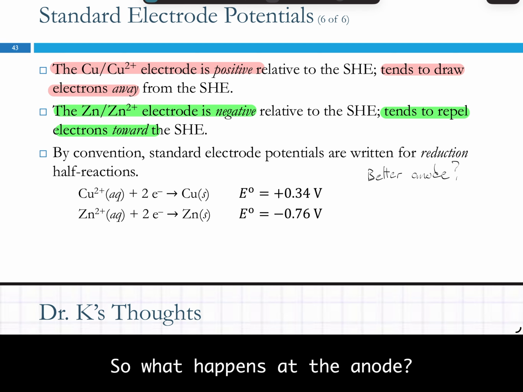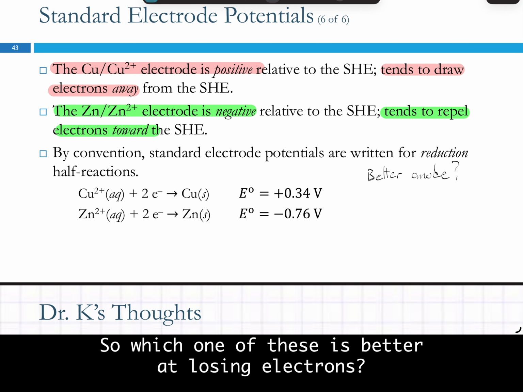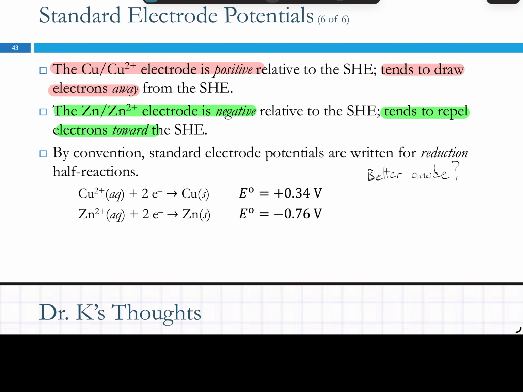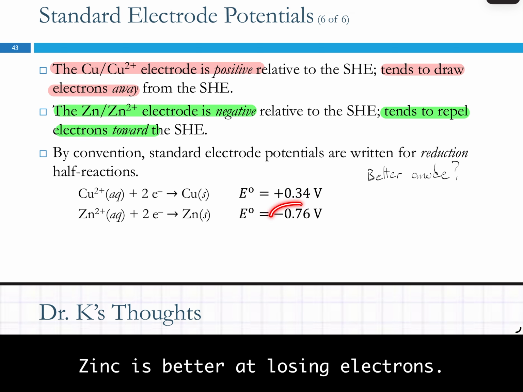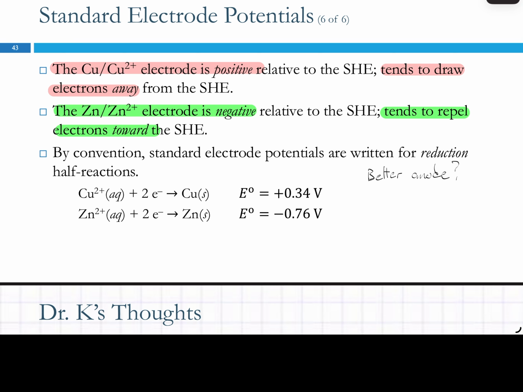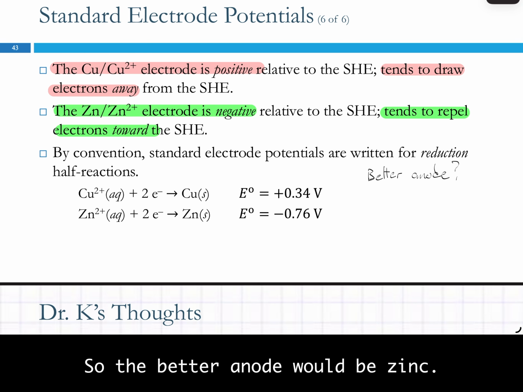So what happens at the anode? Electrons are lost there. So which one of these is better at losing electrons? You can use the sign of the voltage to figure out if it's better at losing electrons or better at gaining electrons. So zinc here is more negative. Zinc is better at losing electrons. You can think of those electrons being repelled from the negative. So the better anode would be zinc.